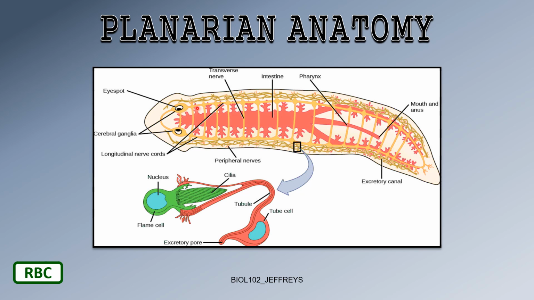And then you have, here's one nerve cord going all the way back. Here's the other nerve cord going all the way back. One nerve cord on either side. Lateral nerve cords, we call them.